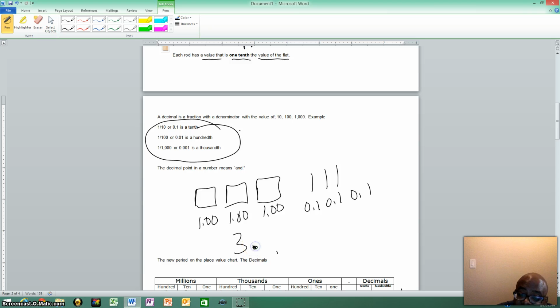The decimal means "and," and we have 3 tenths. We have some wholes, and then we have some things that are not a whole. So we have 3 wholes and 3 tenths, which means that they did not make a whole by themselves. It takes more of them to make one whole.